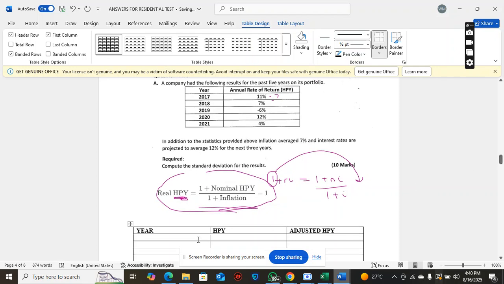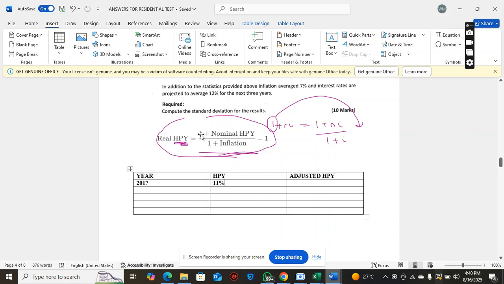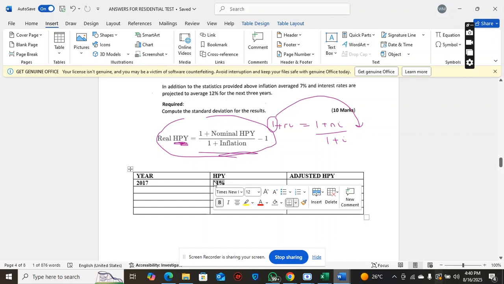So for 2017, our HPY is 11%. Now we need to adjust it. So we're going to say 1 plus, let me put the formula here. This is our nominal HPY. The nominal HPY is just your HPY without the adjustment for inflation.